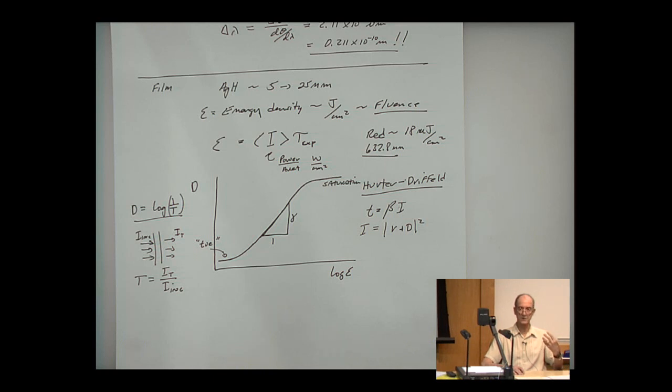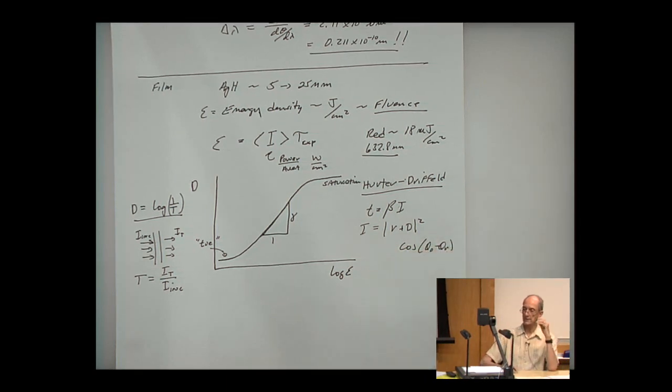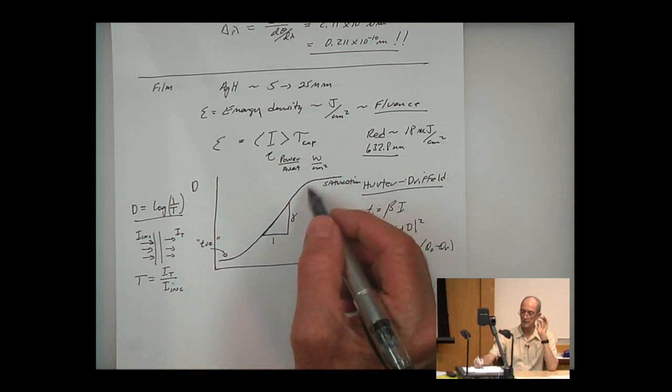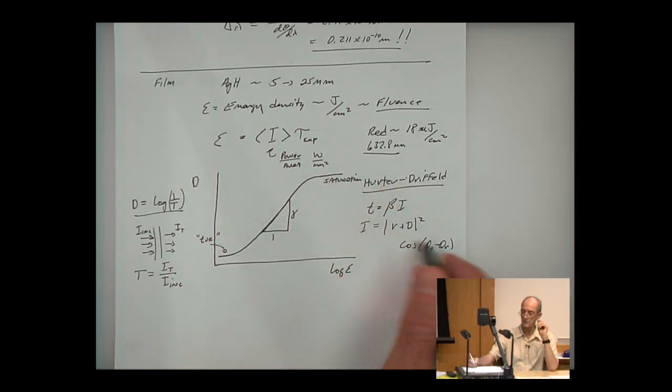I kind of alluded to this before when we looked at interfering two plane waves, we end up with this cosine of phi O minus phi R as the residual term in that intensity. So if we're going to be operating out here in the saturation region, that function's going to change.